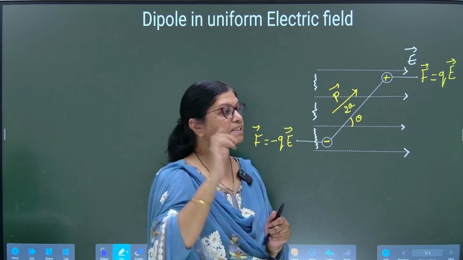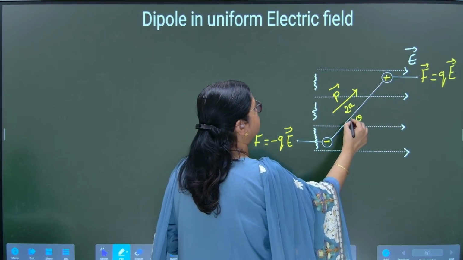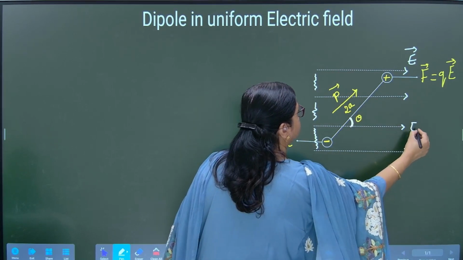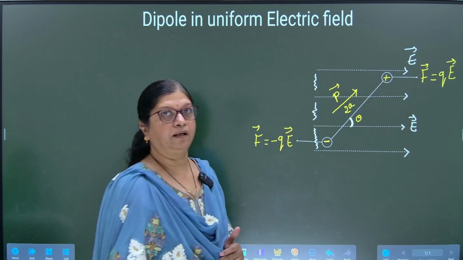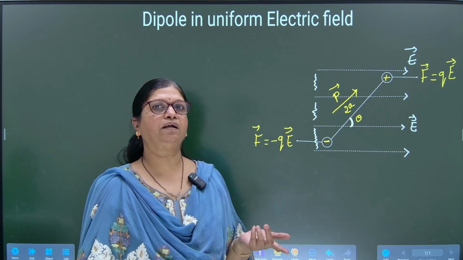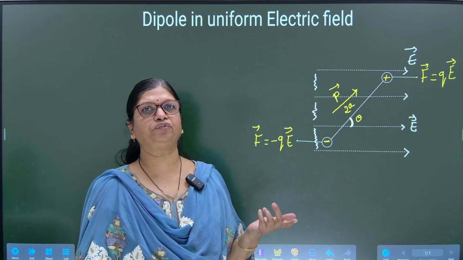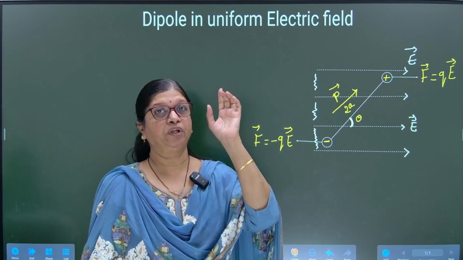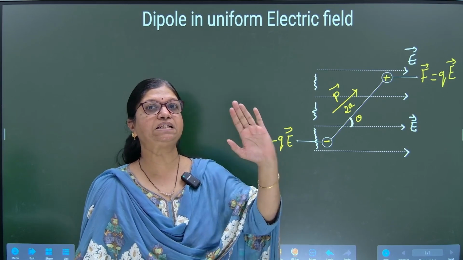Fine, we have placed it at an angle of theta with the electric field itself. We can place it at different values of theta from 0 to 180. We will discuss those cases also. Right now, let us see what has happened.